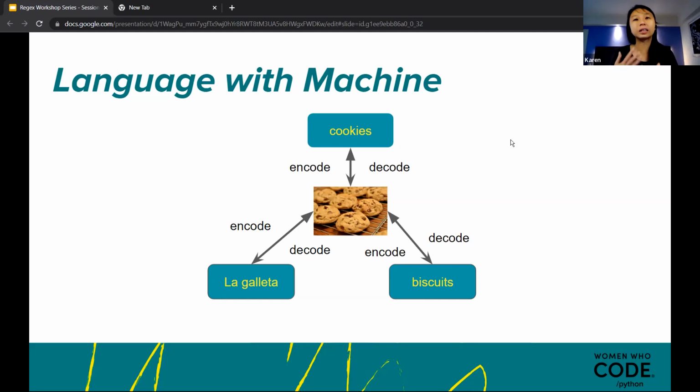I just want to give you a little context in case you're new to tech, or have never dealt with a programming language. Keep that in mind, because this is the core, the basic core of regular expressions.